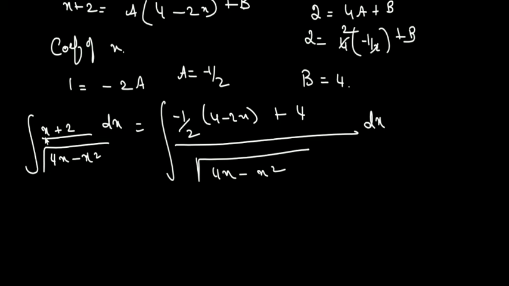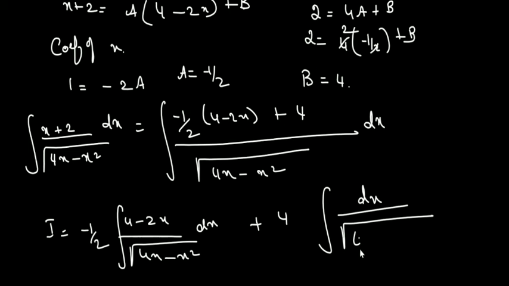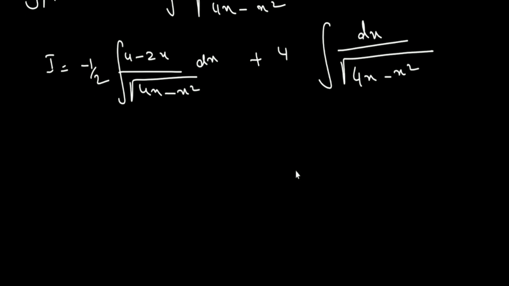When you simplify this, I is equal to the first integral, the integral of (4 minus 2x) by root of 4x minus x square dx, plus 4 into the integral of dx by root of 4x minus x square. So I is equal to I1 plus I2.